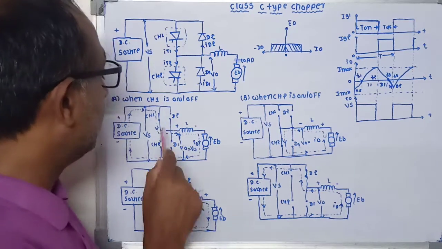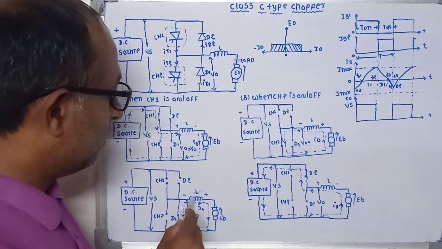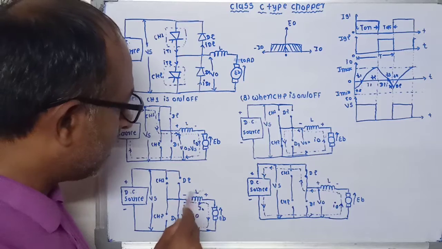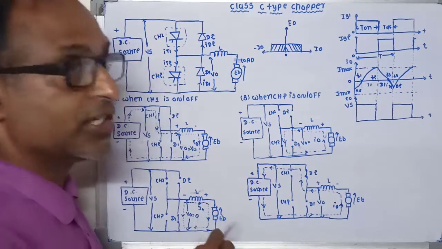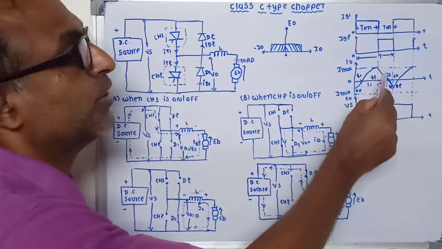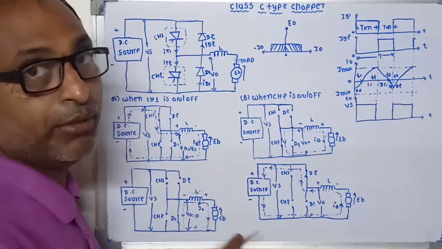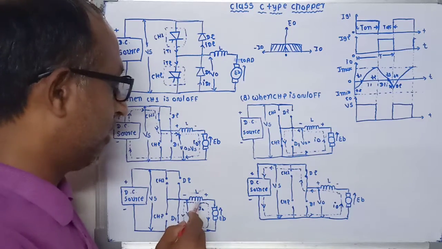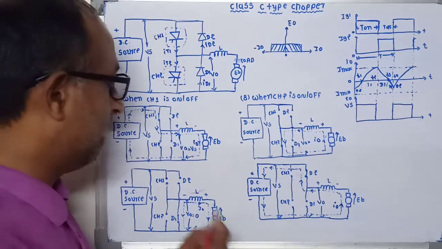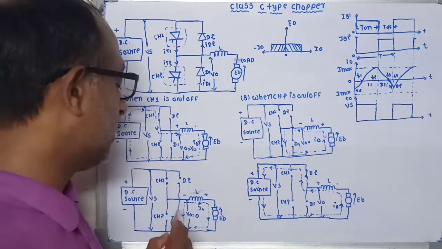When CH1 is off, a reverse voltage appears across the inductor because the current starts to decay. That means the right terminal becomes positive and the left terminal becomes negative.